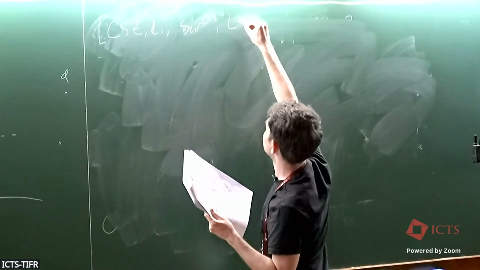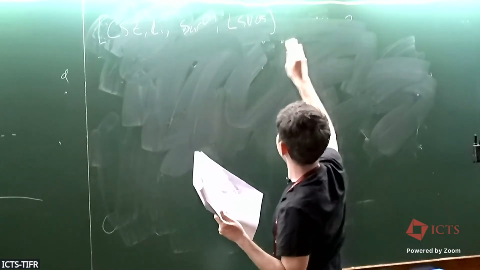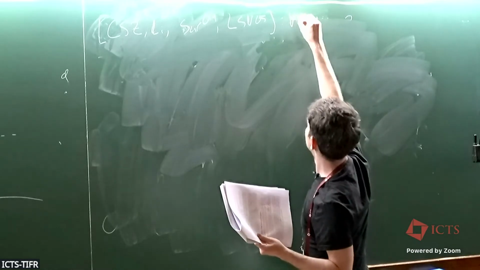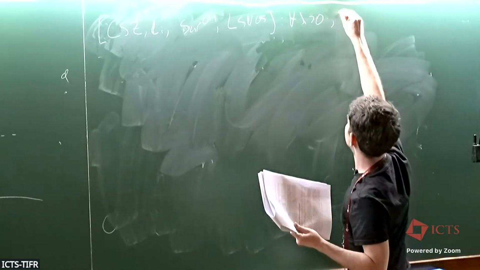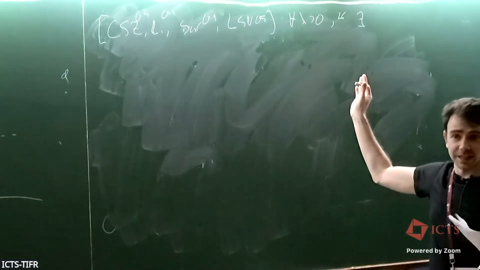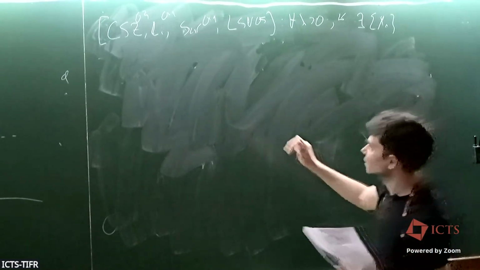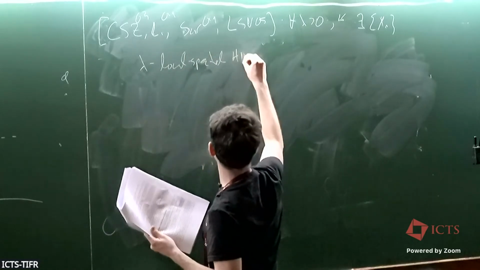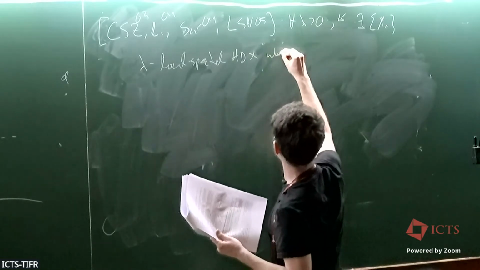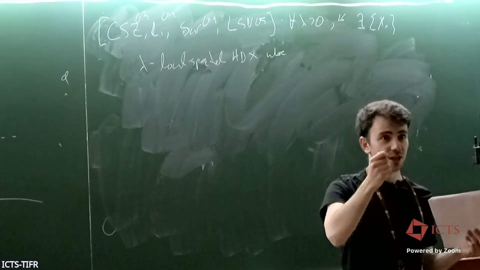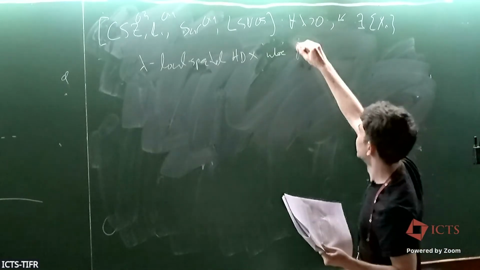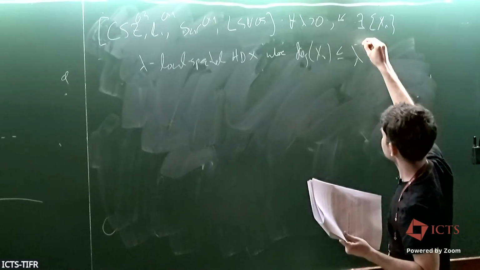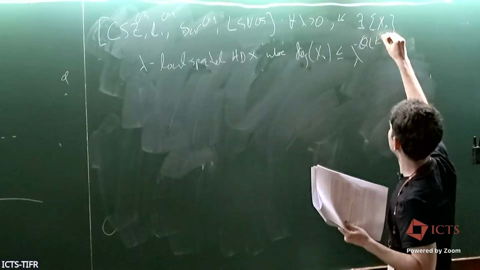And then Lubotzky, Samuels, and Vishne, 05, all constructed some version of Ramanujan hypergraphs, which in particular says, for any lambda greater than 0 and any k, there exists an infinite family of lambda local spectral HDX, where the degree of each vertex, the number of hyperedges that it sits in, is at most lambda to the minus theta of k squared.